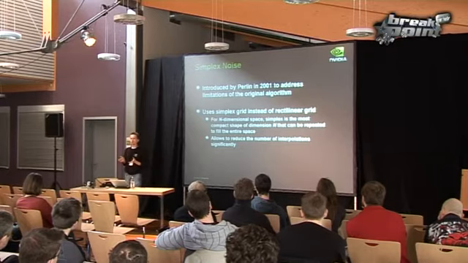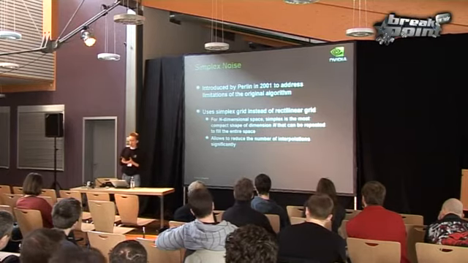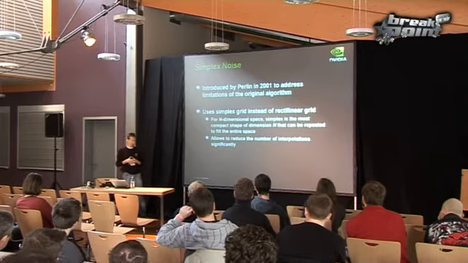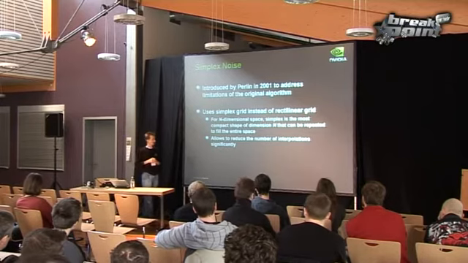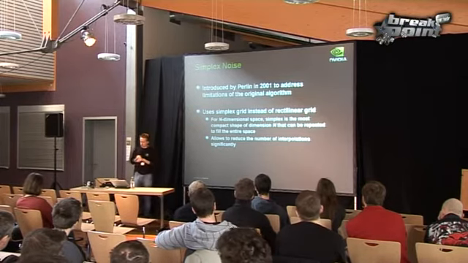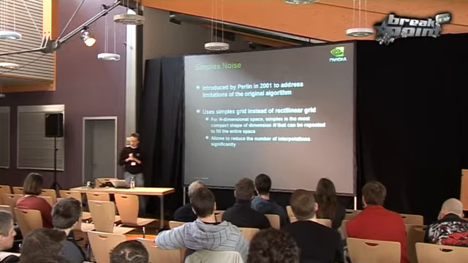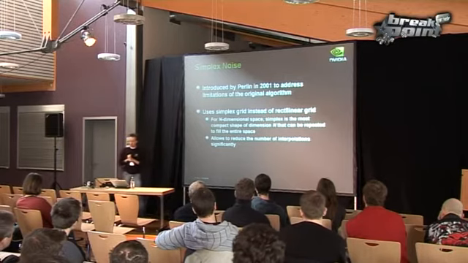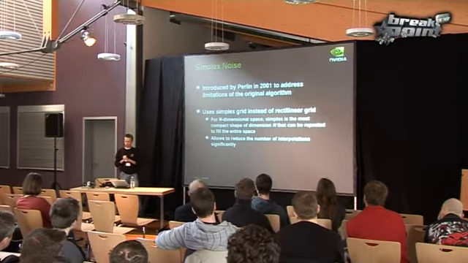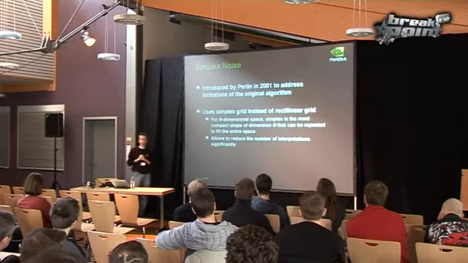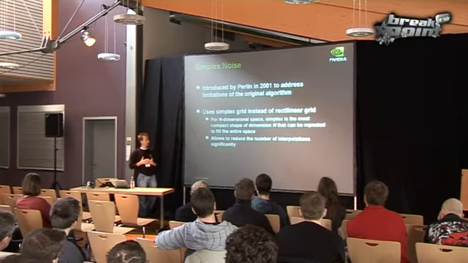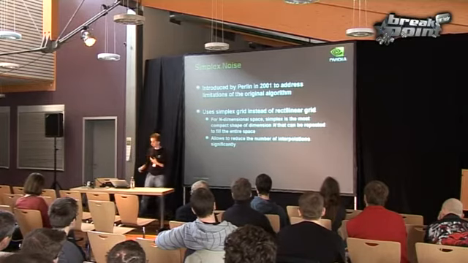For 3 dimensions, a simplex would be a tetrahedron, and similarly for 4 dimensions, that's going to be a 4-dimensional tetrahedron. The key point here is that using simplex grids actually allows us to reduce the number of interpolations significantly. So our overall number of computations goes down.